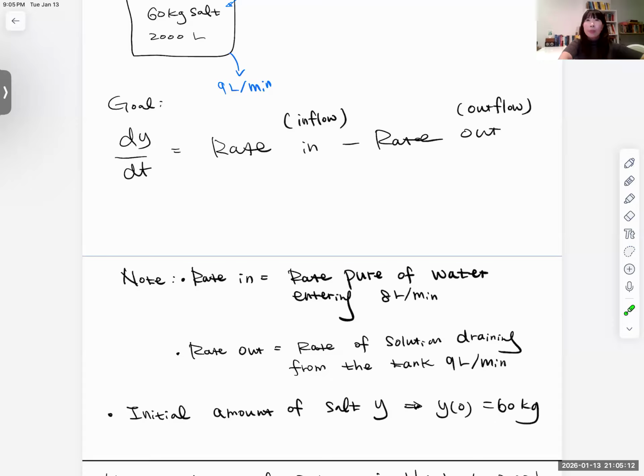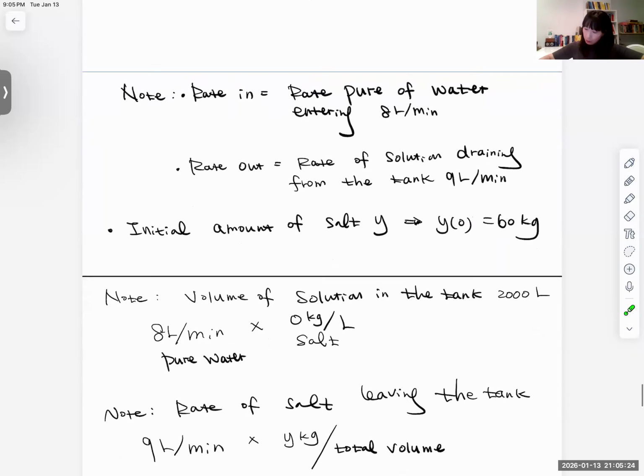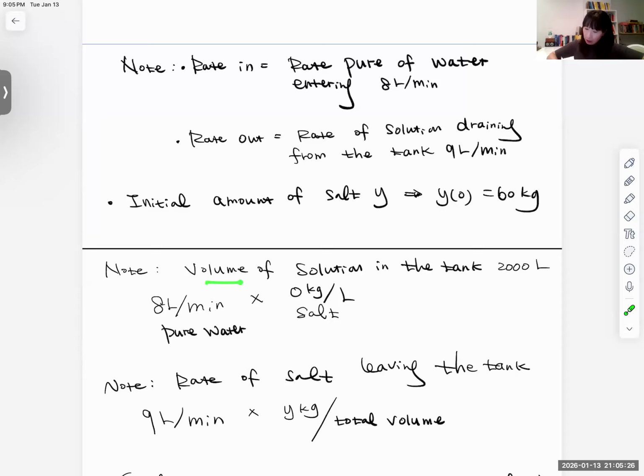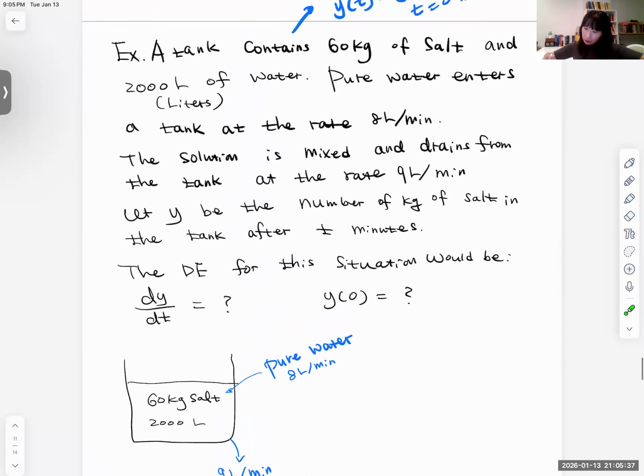Okay, so I wrote down here as well. We have a volume of solution in the tank of 2000 liters. So in 2000 liters, we have 60 kilograms of salt and water, right?